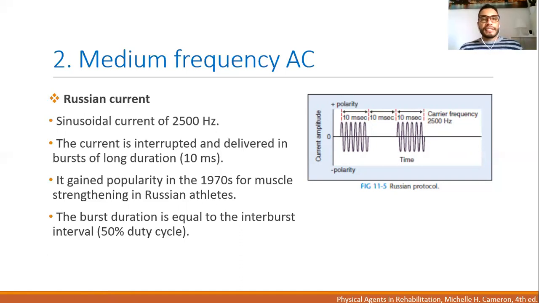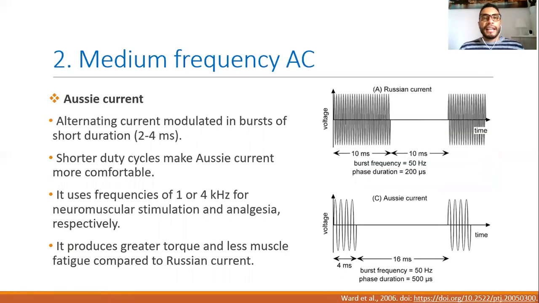But over the years, this type of current has been developed. And more recently, we have the Aussie current, which was created by the Australians. The principles are very similar to the Russian current. It uses alternating current modulated in bursts, but the bursts have shorter duration.